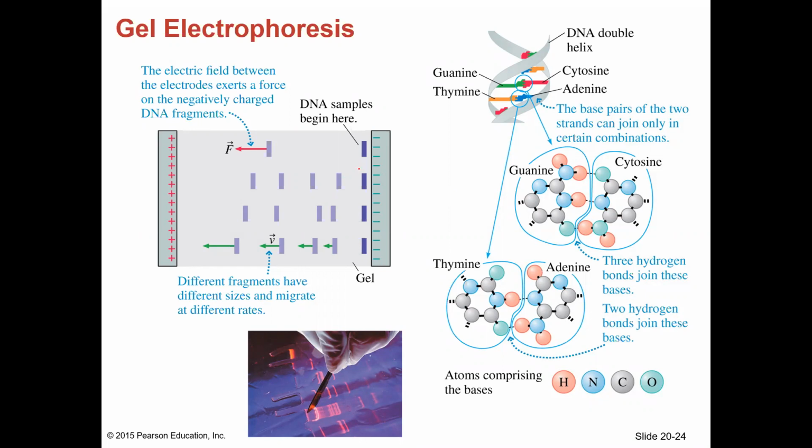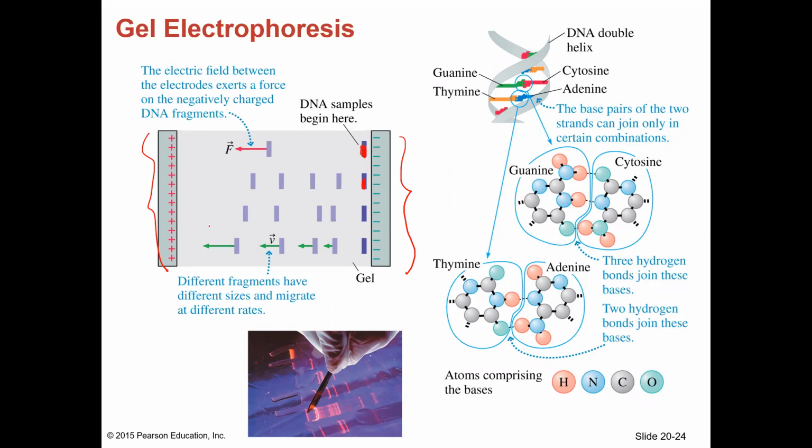So you apply an electric field where there is positive charge on one side and negative charge on the other side. You have DNA in these wells. You have a bunch of wells here, so you make a DNA solution, mix DNA with some kind of buffer, and then put the DNA in these wells.